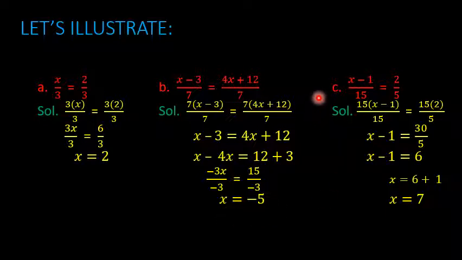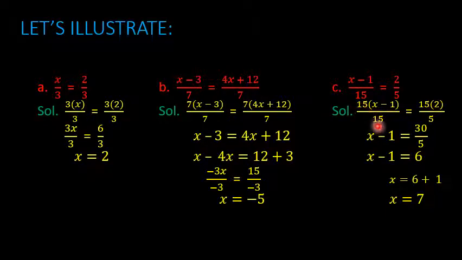For equation letter C, x minus 1 over 15 is equals to 2 over 5. Kung napansin ninyo, the denominator is 15 ug 5. Since ang 15 ma-divide og 5, ang ilang lowest common multiple here is 15. So ang kaning 15, i-multiply nimo sa 2, mapansin niyo diri, 15 times 2. Tapos kaning x minus 1, i-multiply pud nimo og 15, kay 15 man ilang multiple. LCM, lowest common multiple. So 15 times x minus 1.